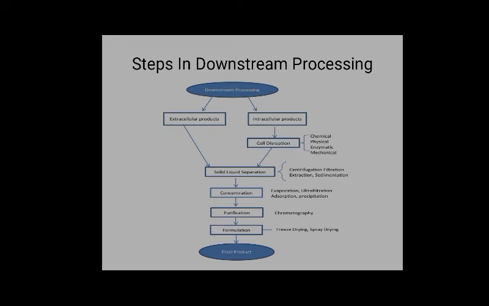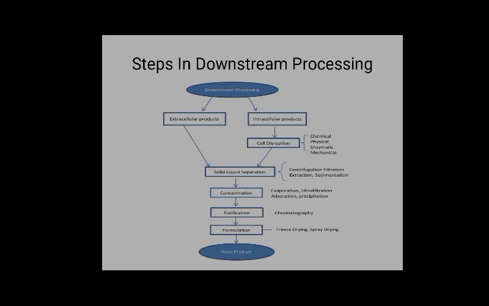As I have discussed, the factors that will decide what steps we need to include in the downstream process will depend on the various characteristics of the media, of the microbes, of the product, and the process itself.